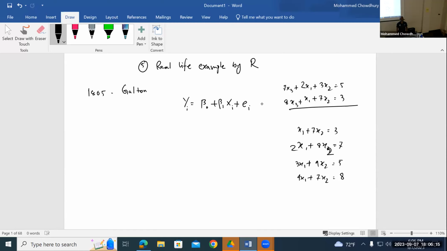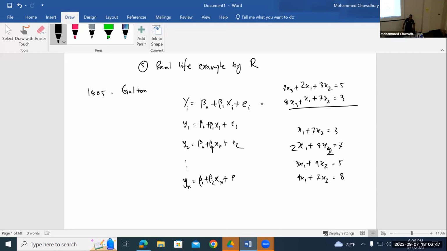This is what Galton came up with the idea when there is y1 equals beta 0 plus beta 1 x1 plus e1, y2 equals beta 0 plus beta 1 x2 plus e2, and then yn equals beta 0 plus beta 1 xn plus en.